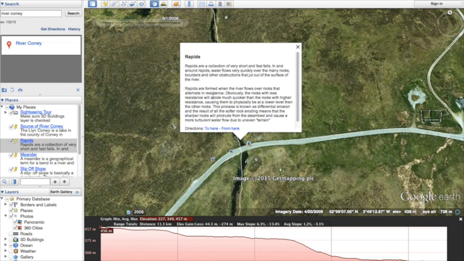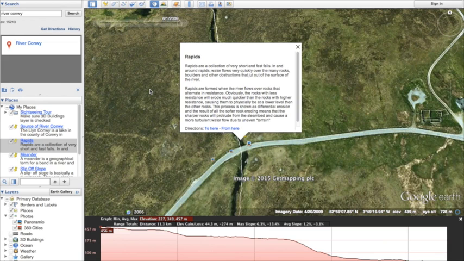Rapids are formed when the river flows over rocks that alternate in resistance, which means they're either soft rocks or hard rocks. Obviously, the rocks with less resistance, i.e. the soft rocks, will erode much quicker than the rocks with the higher resistance, which are the hard rocks, causing the soft rocks to be physically at a lower level than the other rocks.